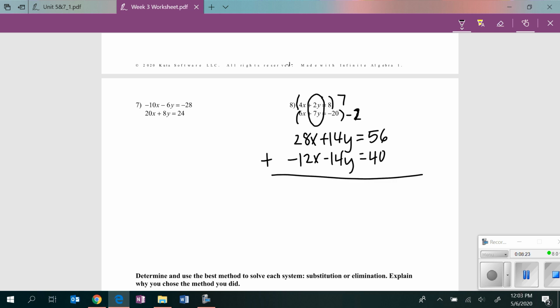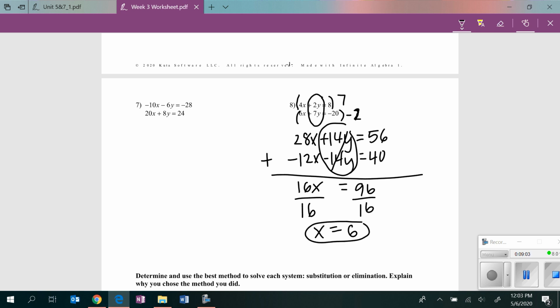Adding these two equations together, straight down, I've got 28 and negative 12, so that will give me a positive 16x. 14y and negative 14y cancel each other, so there's 0 y's. And then if I add 56 and 40, I get 96. Now all I have to do is divide by 16, and x equals 6.